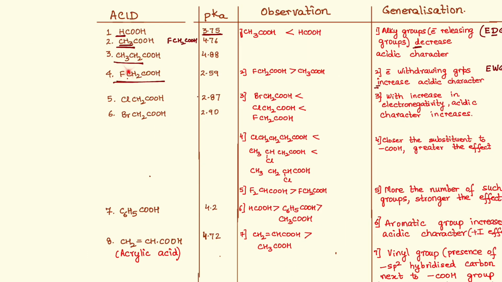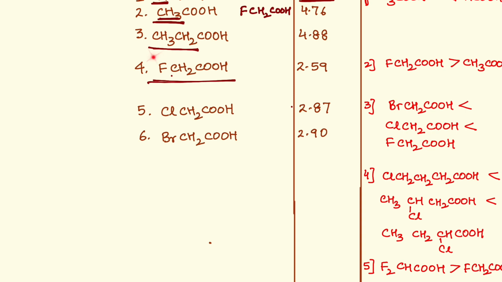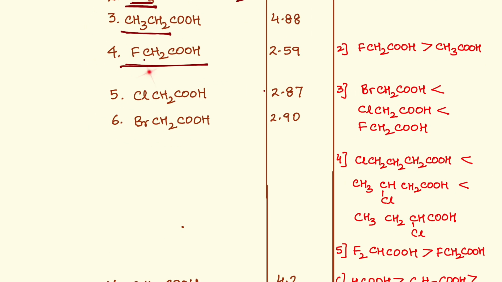Now let's do one more comparison. Here I've got fluoroacetic acid and chloroacetic acid and bromoacetic acid. Could you figure out the IUPAC name? Yes, it's fluoroethanoic acid, chloroethanoic acid. So 1 chloroethanoic acid or 2 chloroethanoic acid, that you have to tell me.